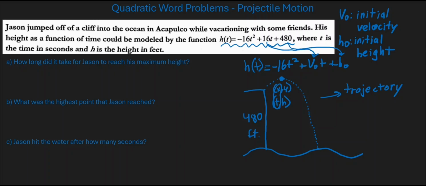And we know what the formula is to get the x value for the vertex. X is equal to negative b over 2a. So if we apply it in this context, then x is actually time, and time would be negative of the b term, which the b term over here is a 16, over twice the a term, and the a term is a negative 16.